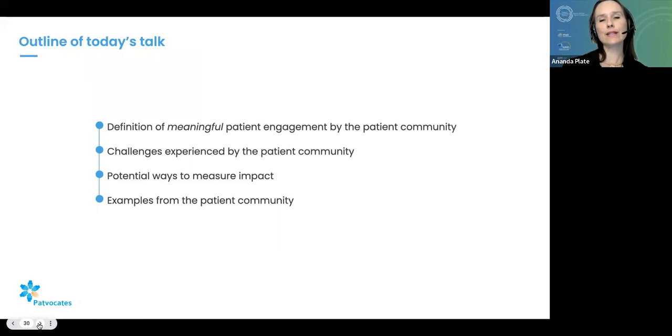I'll then go into naming a couple of potential ways that we've identified at MPE to measure meaningful patient engagement. And lastly, I've been asked to present a couple of examples of what impact could look like for the patient community. Next slide.